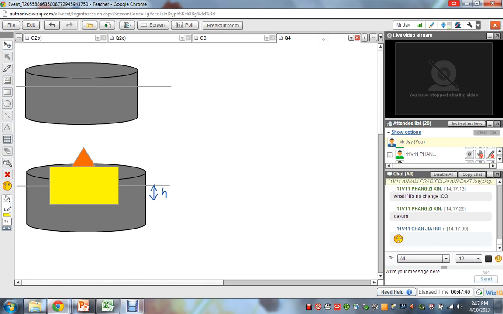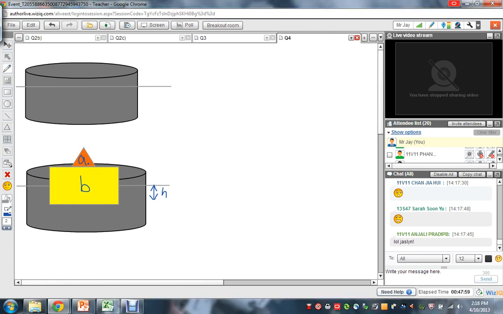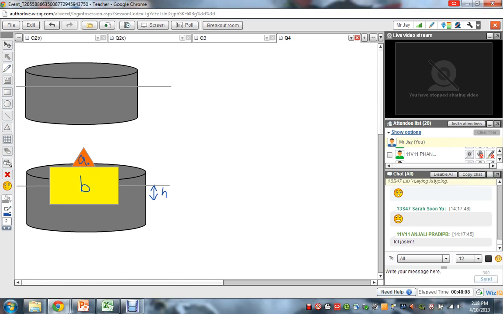Next, after I put the boat, this is the boat, and this is the anchor, into my little cylindrical pond, the water level rises or falls, I don't know. If I put those things in, definitely the water level will rise, right? By an amount h.